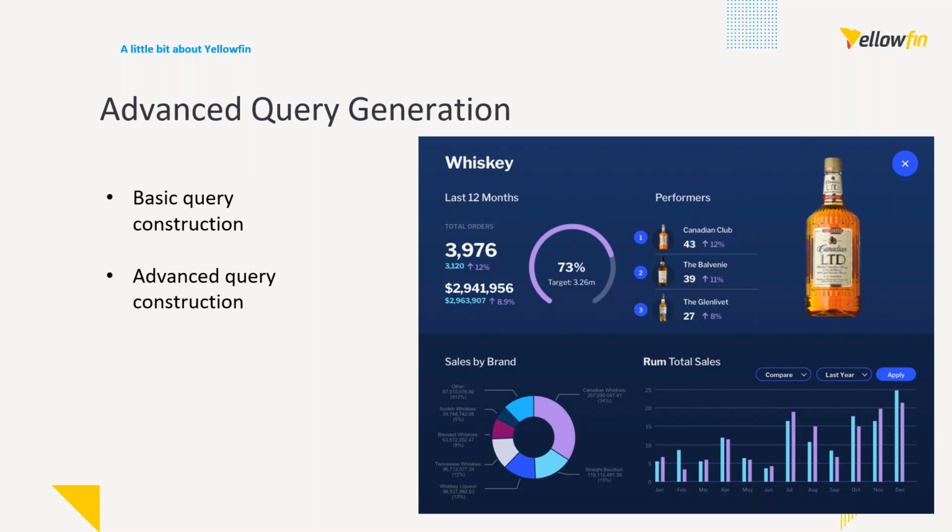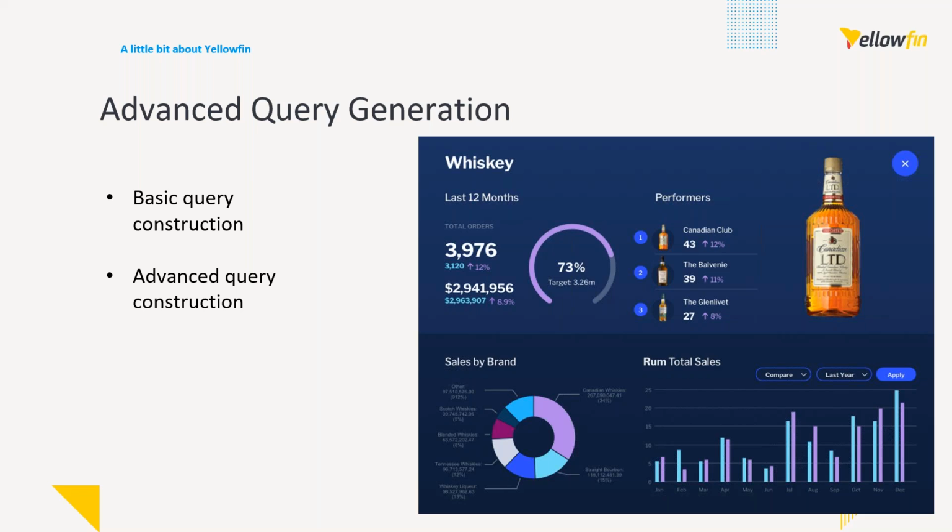Even constructing advanced queries becomes accessible to users without SQL expertise by Yellowfin's report builder interface. With a solid understanding of your data structure, this feature can be easily utilized by any user, even those without technical expertise, with minimal practice.